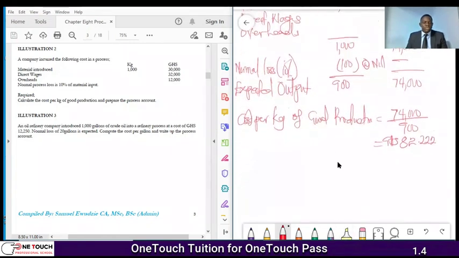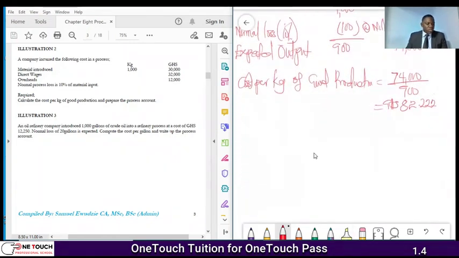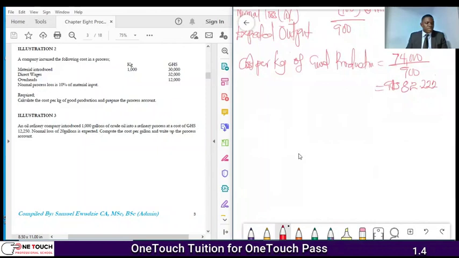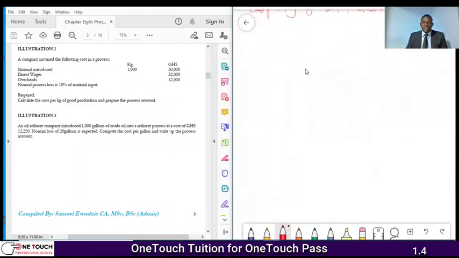Now, after this, we're to prepare the process account. So let's look at how this one will look.